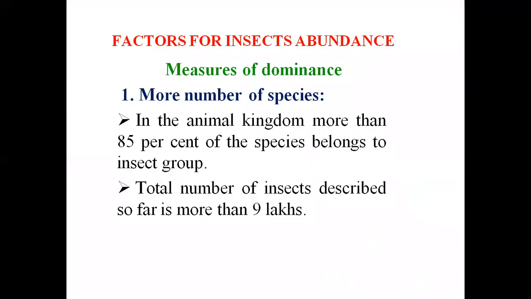Now for the factors of insect abundance: if we consider the number of species in the animal kingdom, more than 85% of the species come under the insect groups, and more than 9 lakh species have been described to date. Its rank is first, because it is the most important group in the animal kingdom.